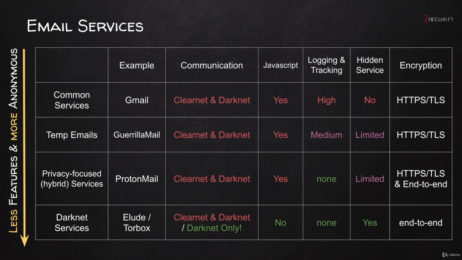Because they run as onion services, they make full use of the privacy provided by Tor, and on top of that, some providers such as Elude provide end-to-end encryption and even encrypt the storage that stores your emails. And again, because these are darknet services, the location of their servers is unknown and they're less likely to comply with court orders or to get influenced by government agencies and so on.